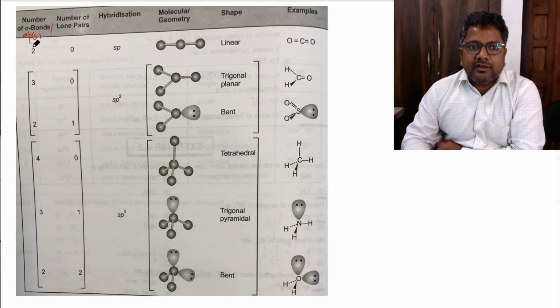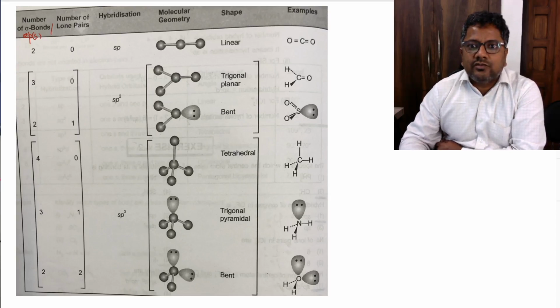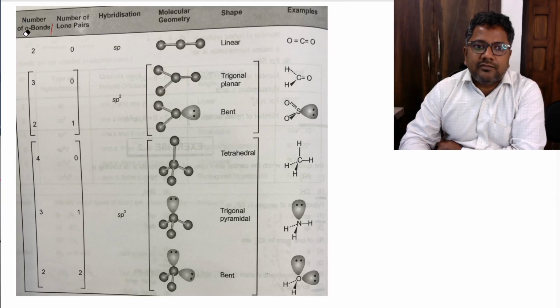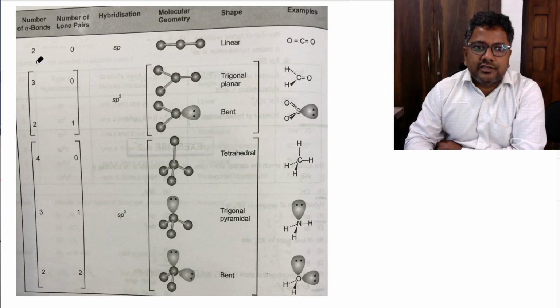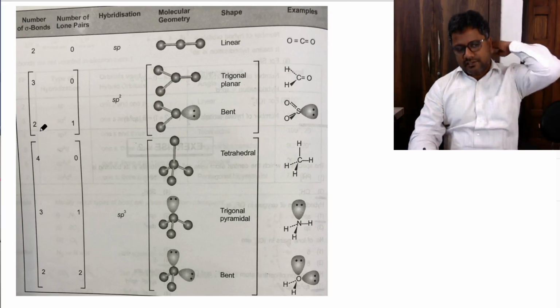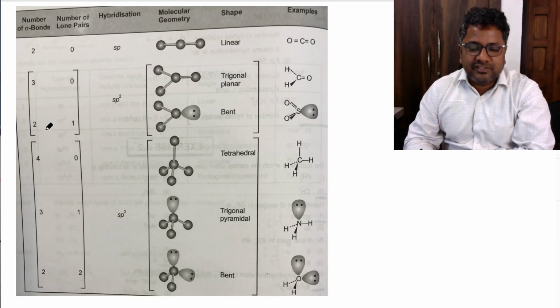So here, if number of electron pairs is 2, number of lone pairs 0, sp, linear, and example is carbon dioxide. Now, I could not write number of electron pairs here, because only sigma bonds have been taken in this presentation.